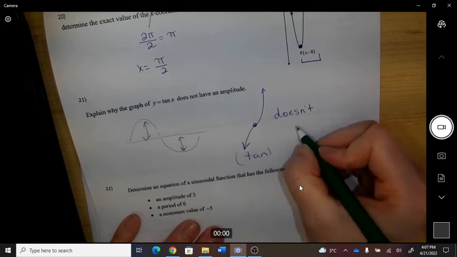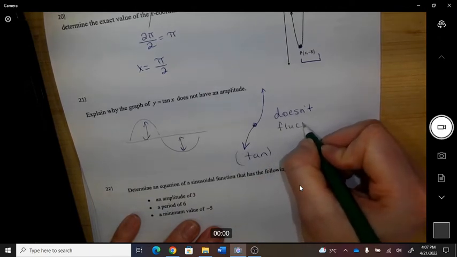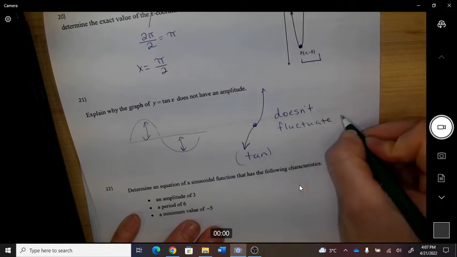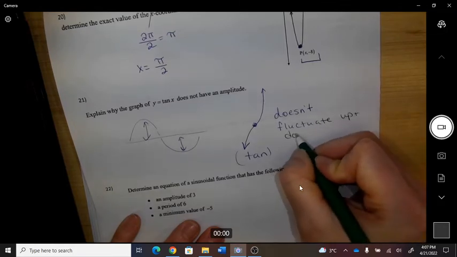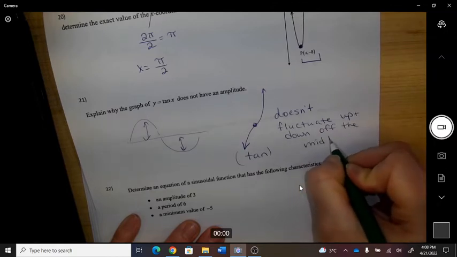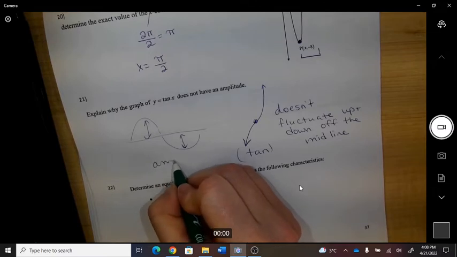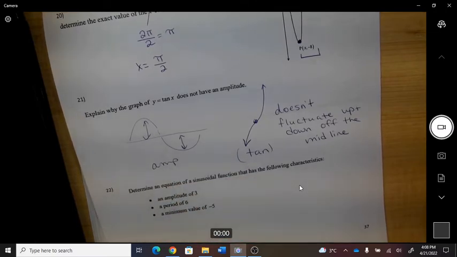So this is tan, it doesn't fluctuate up and down off the midline. So there, it doesn't have an amplitude. Okay, you might be able to answer that in a different way too.